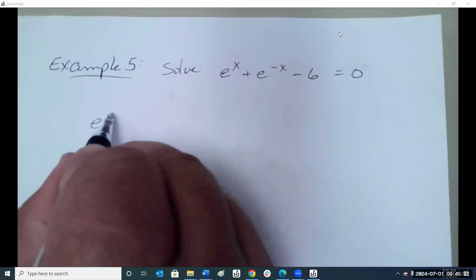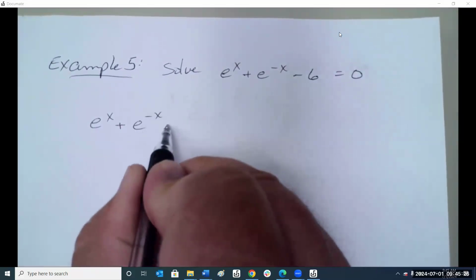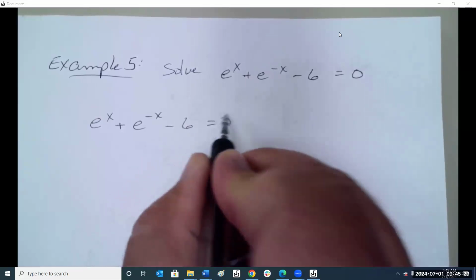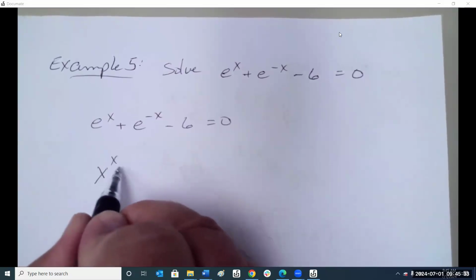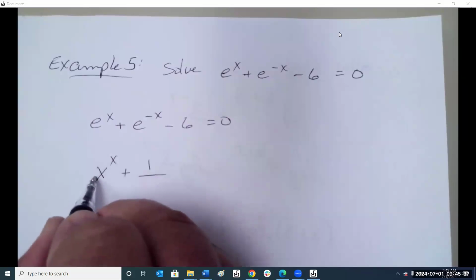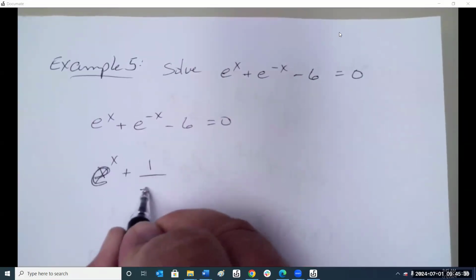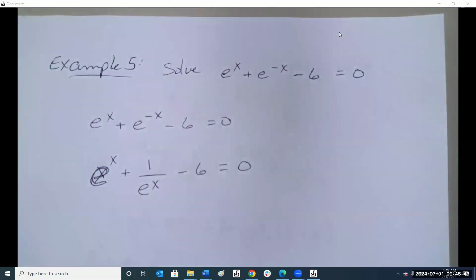So what that looks like, a negative exponent simply means change the location of it. So this one is really 1 over e to the power x, minus 6 equals 0.